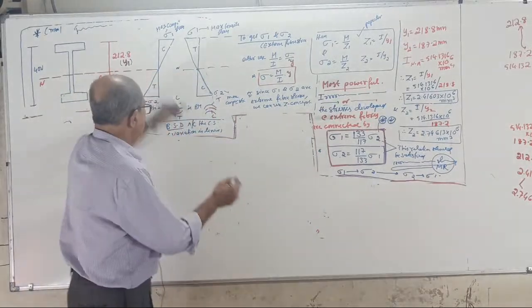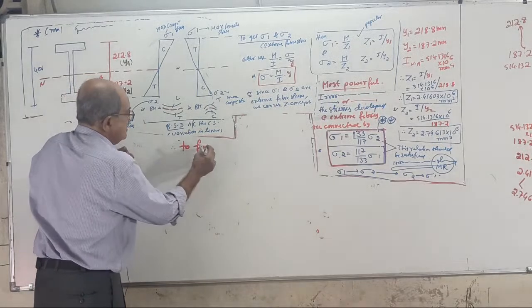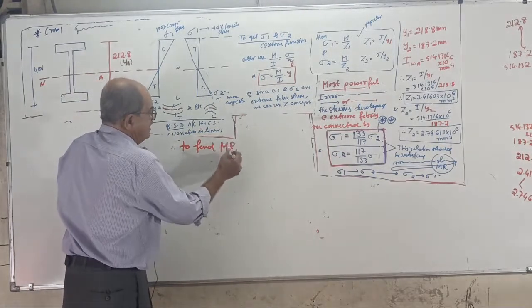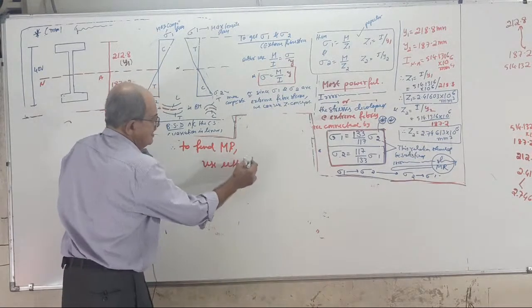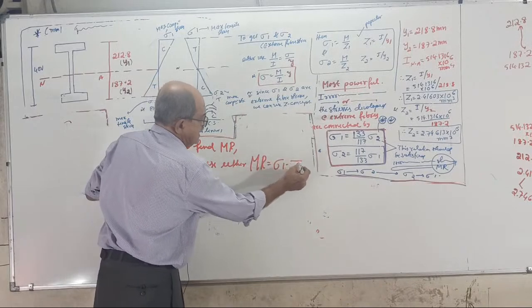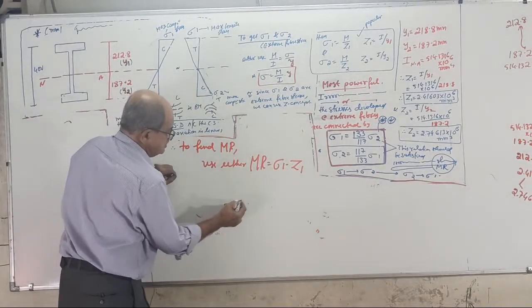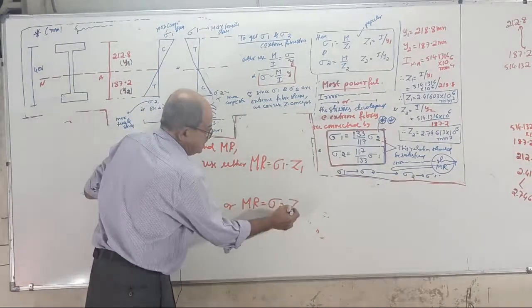Okay, see. Therefore, to find MR, use either MR equal to sigma 1 into Z1 or use MR equal to sigma 2 into Z2.